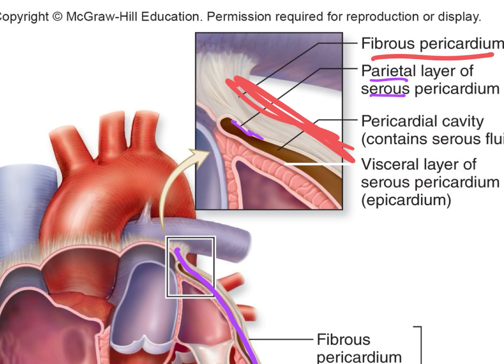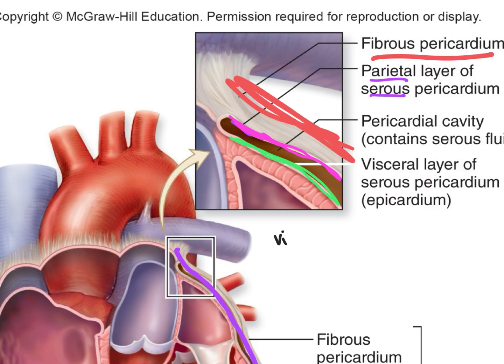We'll do it in pink. Right out here, that's your parietal layer, and then the visceral layer is in green, right? So the visceral layer in green is actually the surface of the heart itself, right?